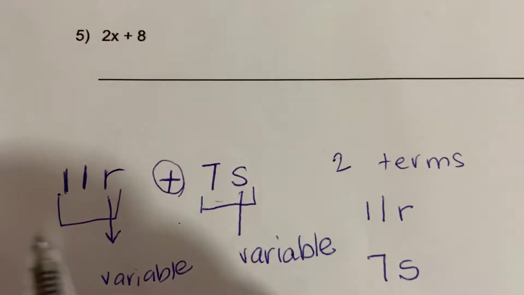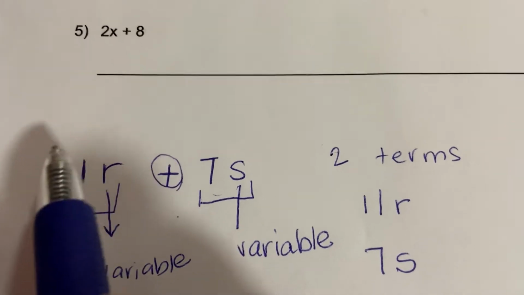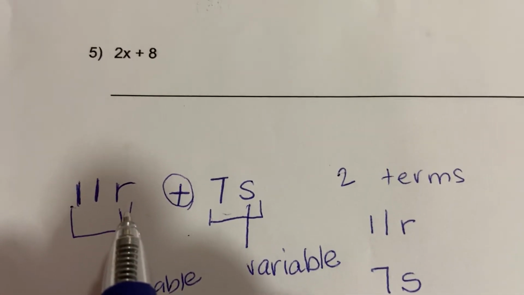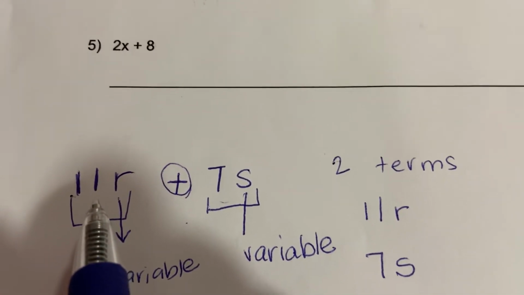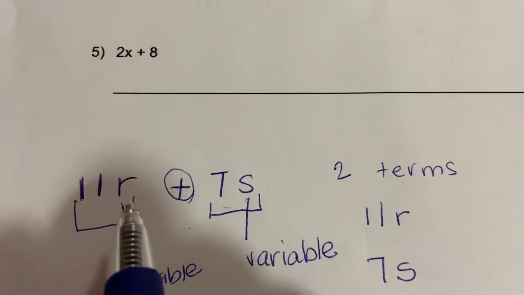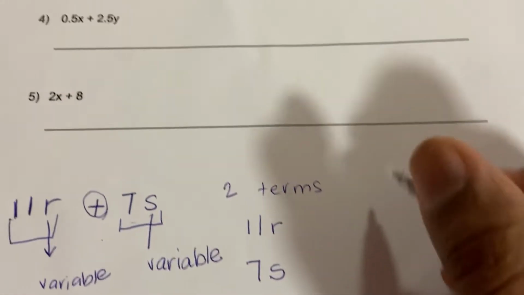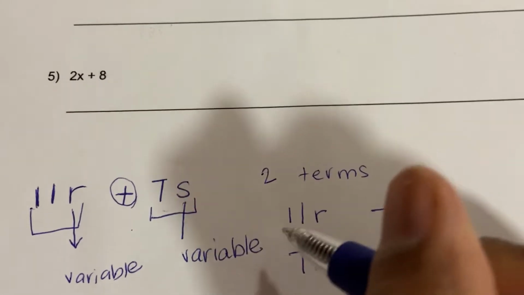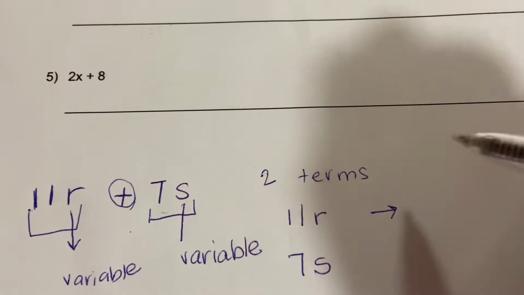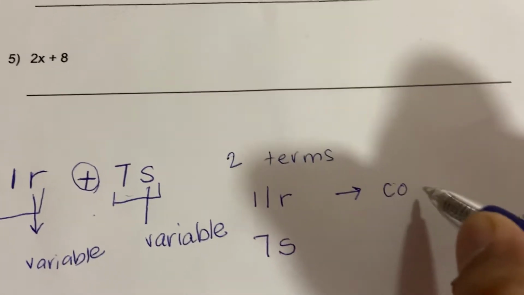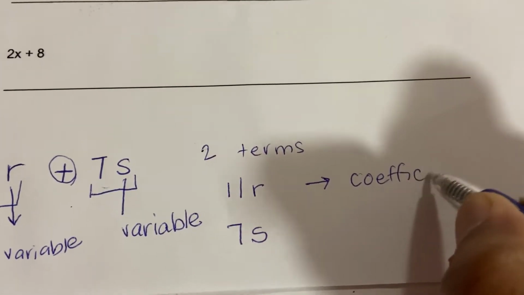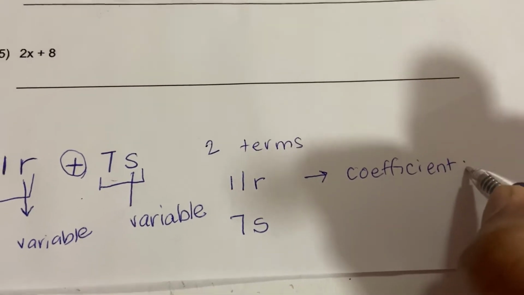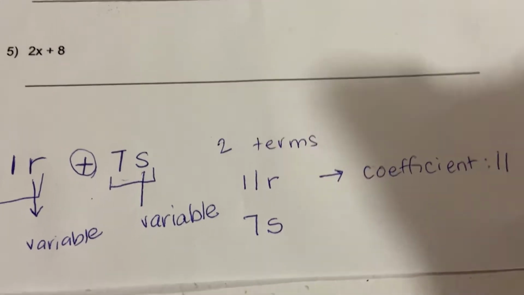What's getting multiplied by this variable r? Oh, 11. 11 is being multiplied by r. So in the term 11r, the coefficient, or the number that's being multiplied by r, is 11. The coefficient of 11r is 11.